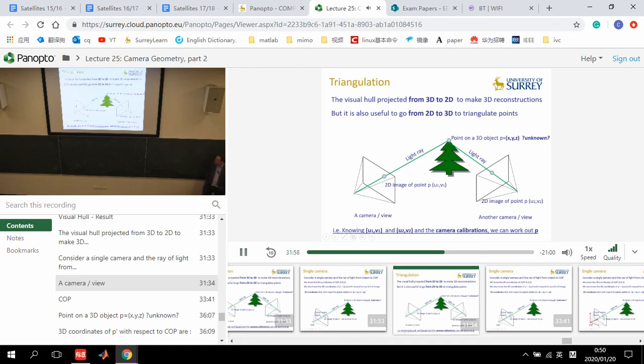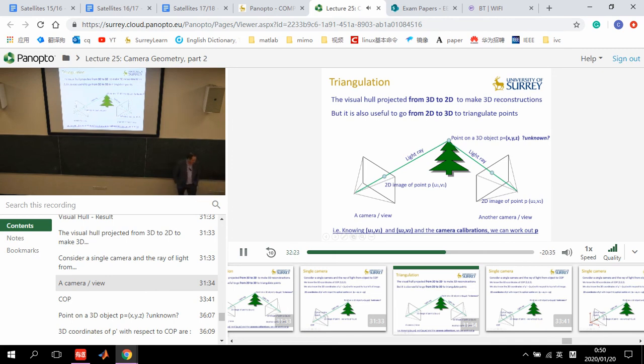We're going to talk about some maths that lets us go from 2D to 3D. Specifically, we're going to look at two different points of view of an object, two photos taken from different points of view, and think about how we can reason about the information in those photos in order to figure out the 3D coordinates of the object being imaged.